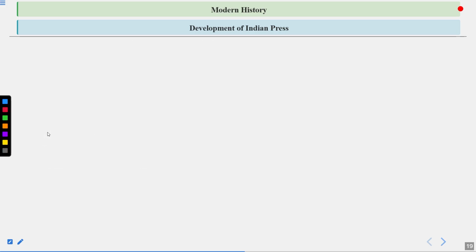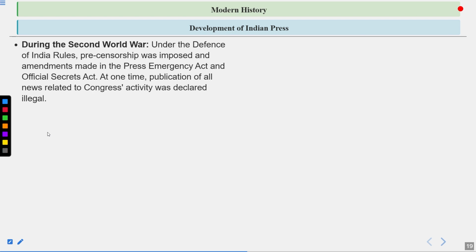Some other developments. During the Second World War, under the Defence of India Rules, pre-censorship was imposed, and amendments were made in the Press Emergency Act and Official Secrets Act. At one time, publication of all news related to Congress activity was declared illegal. As we know, during the Second World War the Britishers declared that India was fighting with them against the Axis powers, but they did not ask the Indians, especially the Indian National Congress.